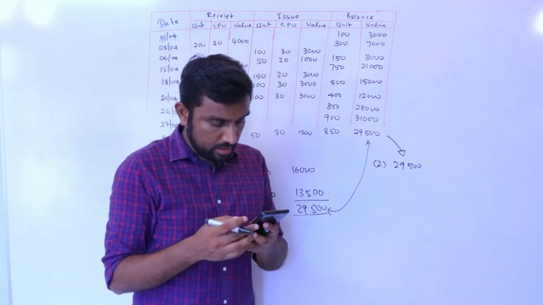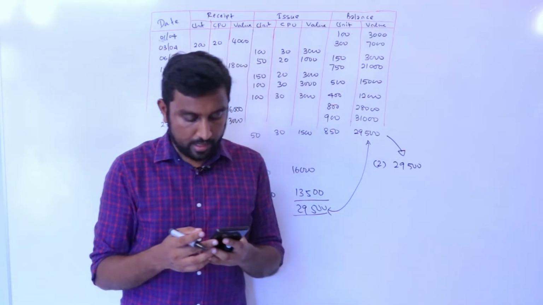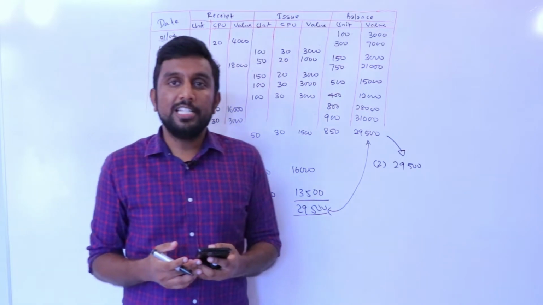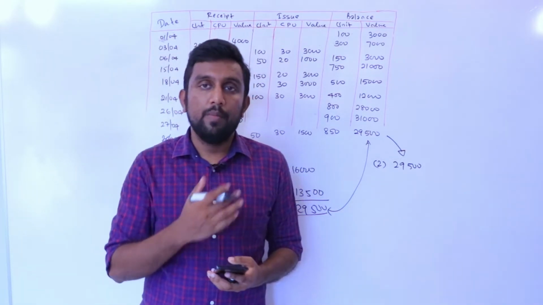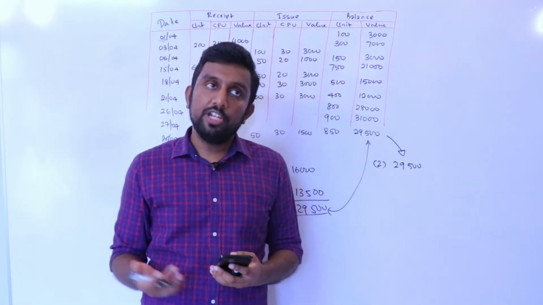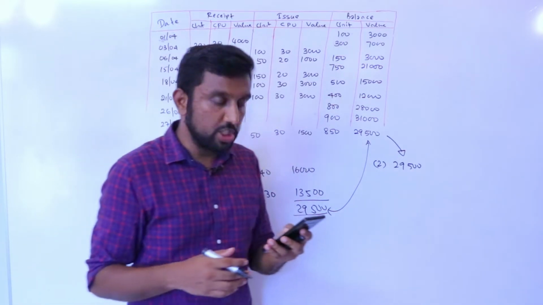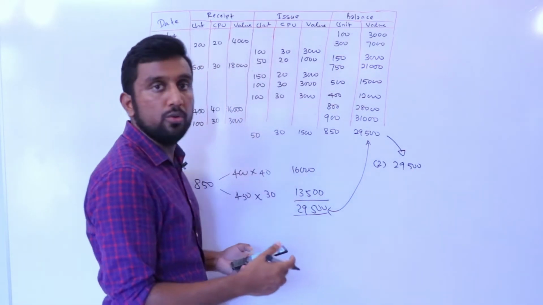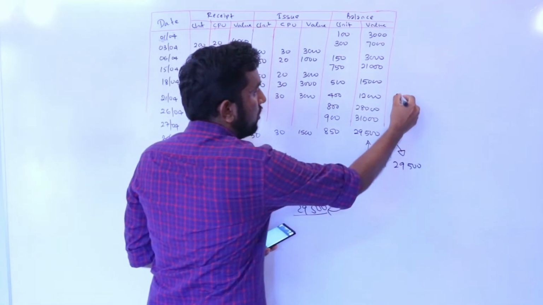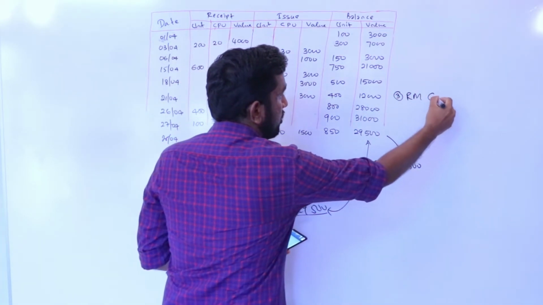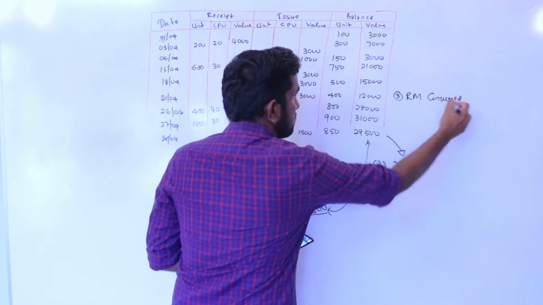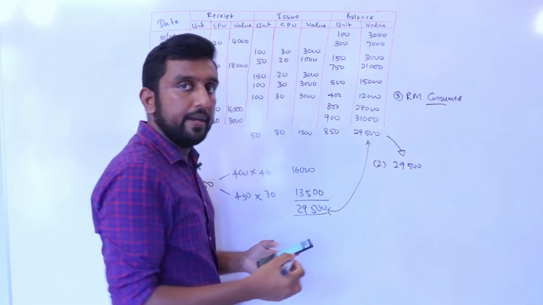And third question, raw material consumed for the month of April 2020. So raw material consumed from where? From the manufacturing department. So raw material consumed is linked to the manufacturing account chapter, and you should know how to find it. So raw material consumed, right?